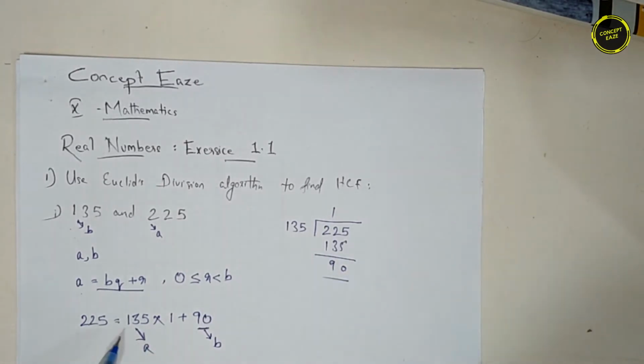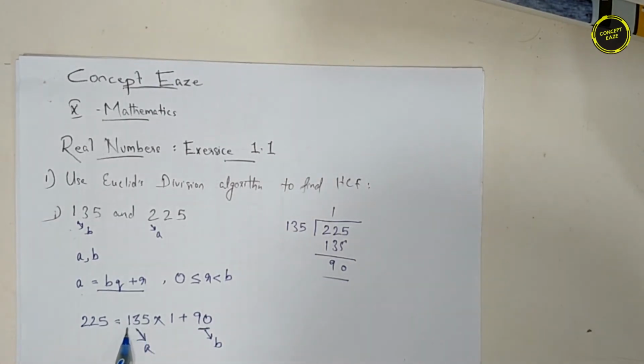So we will be going further with the same method, where we define our new a and new b. Your new a is nothing but the divisor, the b of the previous step.